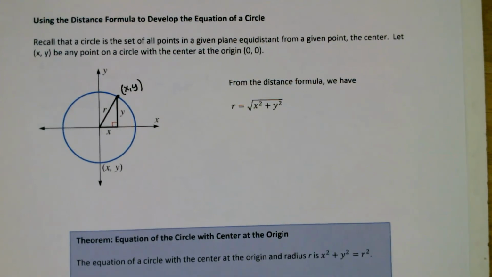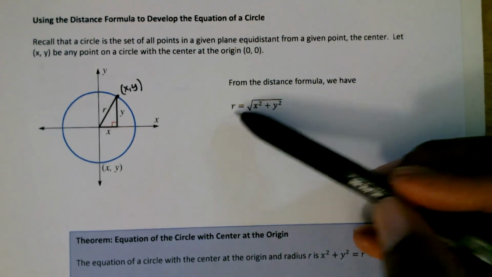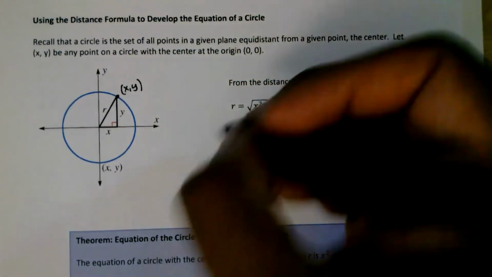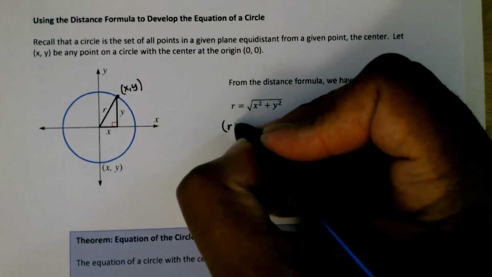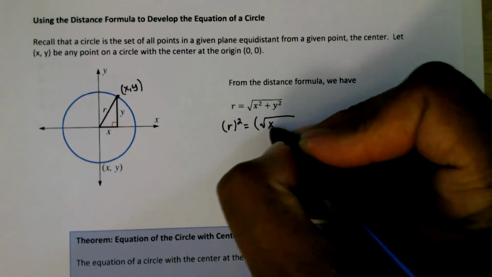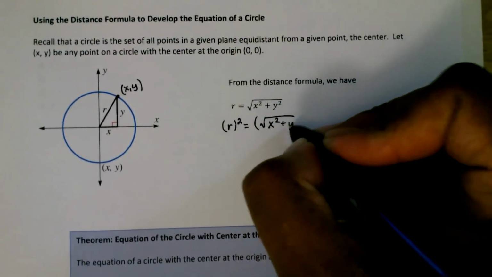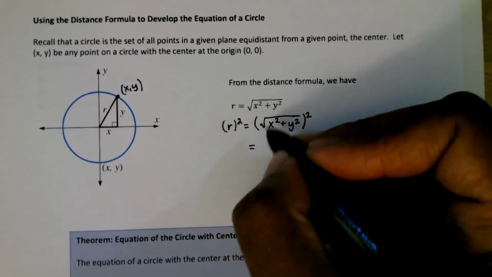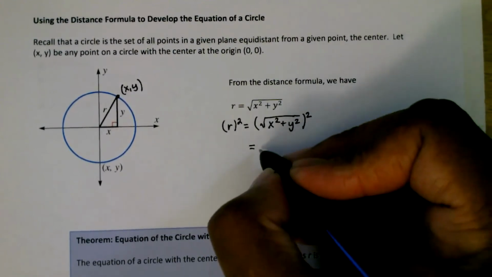And of course, from the distance formula, or pretty much from the Pythagorean theorem, r is equal to the square root of x squared plus y squared. Now, if we were to square both sides to eliminate the radical, when you square a square root, the square root symbol is gone.